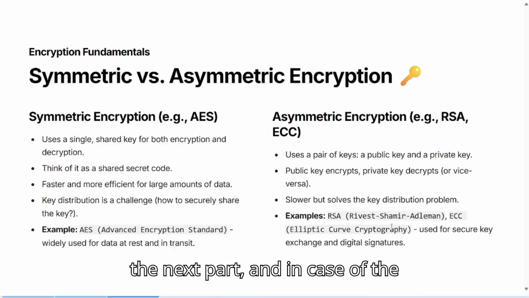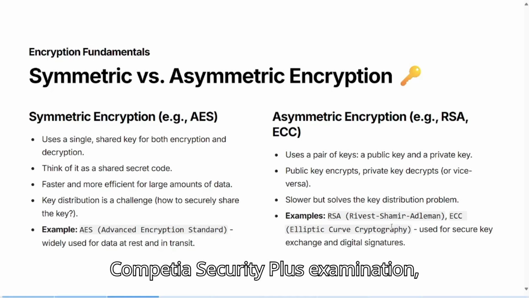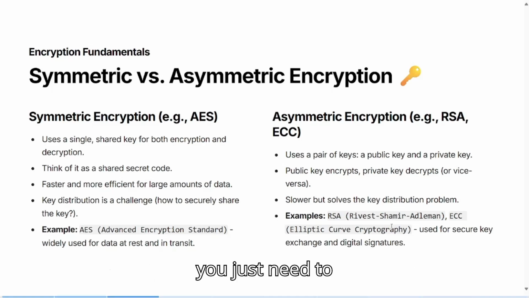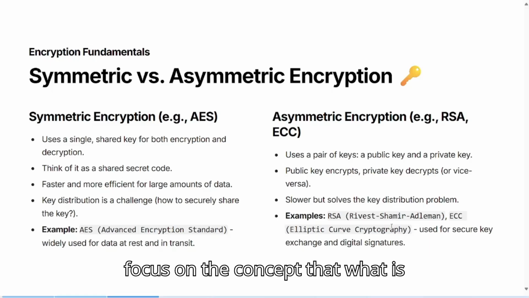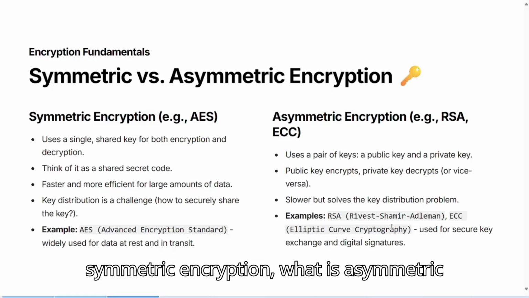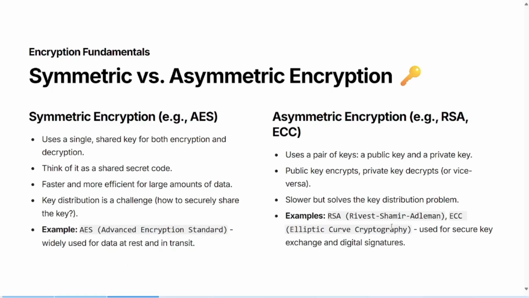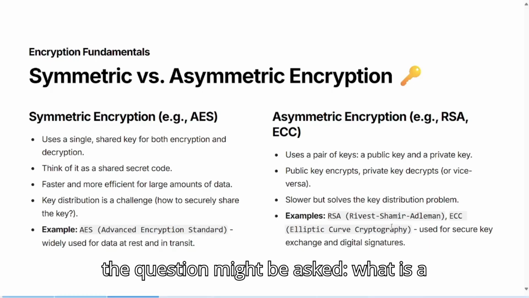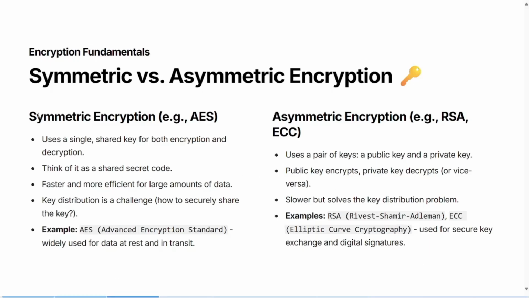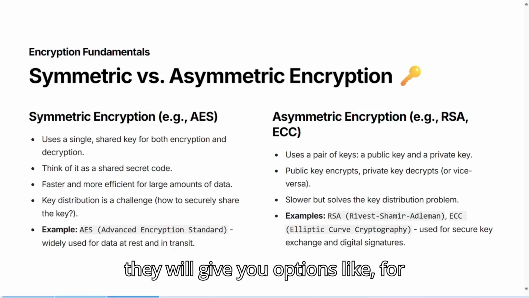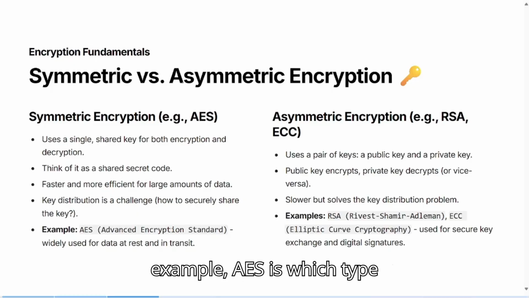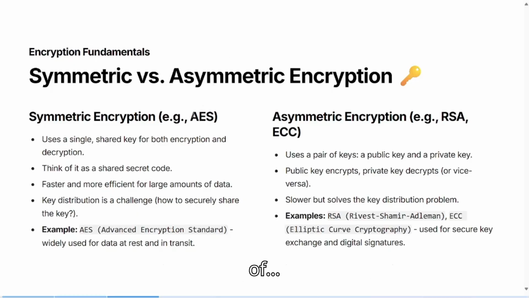In the CompTIA Security Plus examination, you just need to focus on the concepts: what is symmetric encryption, what is asymmetric encryption, and their examples. A question might be asked like, AES is which type of encryption?